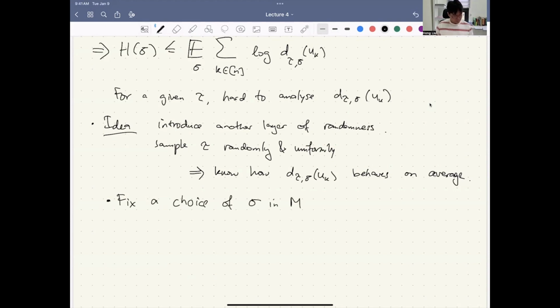We're going to sample tau uniformly at random from all permutations, all orderings of the vertices of U. So tau itself is a uniform random permutation on n elements.